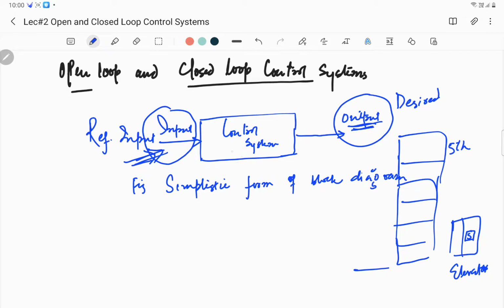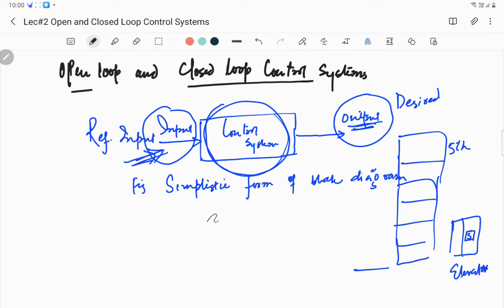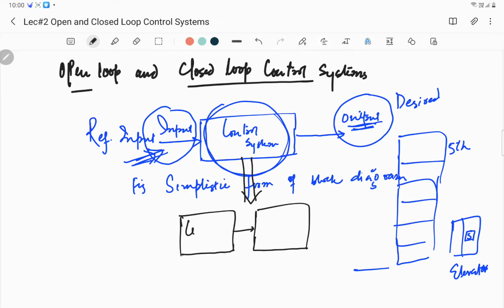Now, so far as this control system is concerned, we can split this block into two blocks. One block followed by another block. So we are splitting this into two blocks. The first block is the controller, and the second block is the process.